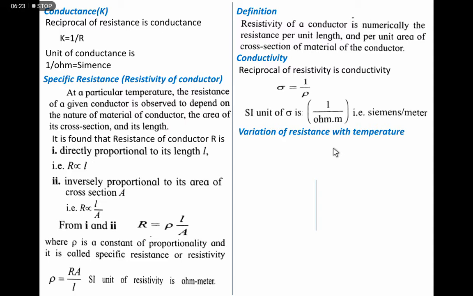Now the next topic is the variation of resistance with temperature. Rho naught is the resistivity of the material at 0 degree Celsius. Now we will learn this article in two different ways.